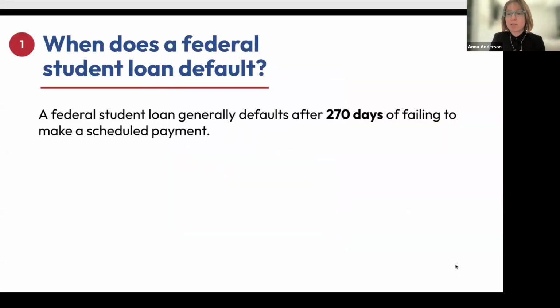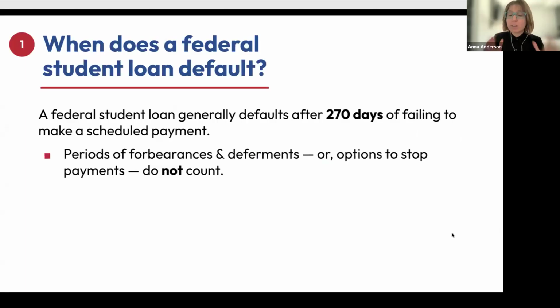So in talking about federal student loans in default, what does it actually mean when loans are in default? Generally, a federal student loan is considered to be in default after 270 days of failing to make a scheduled payment. Now, periods of forbearances and deferments do not count towards this 270 days.